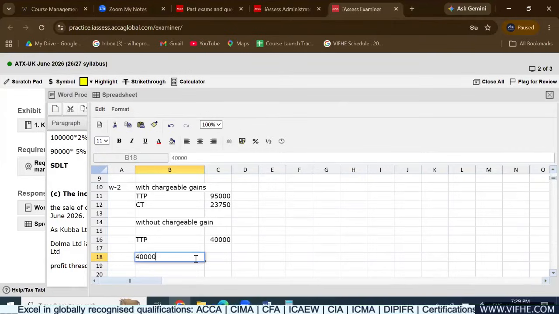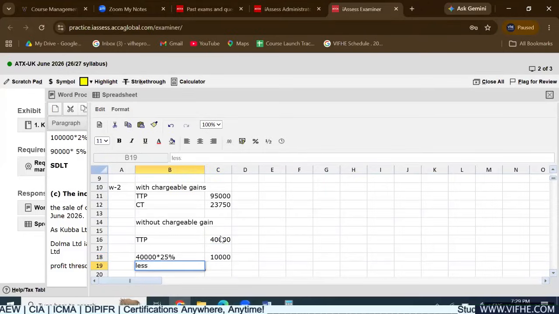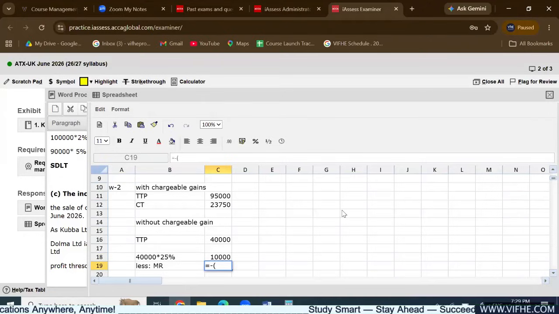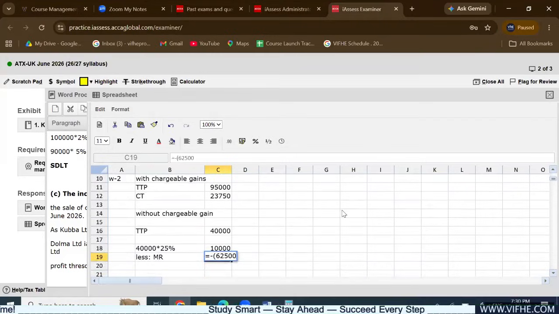I will first be multiplying this value with 25%. So that would give rise to a tax figure of 40,000 into 25%, which is equal to 10,000 pounds. Against this figure, we will be deducting the marginal relief. Marginal relief is calculated by first picking up the upper limit, 62,500 pounds, less augmented profits, which is 40,000 pounds.